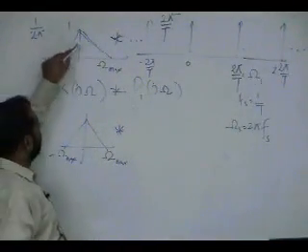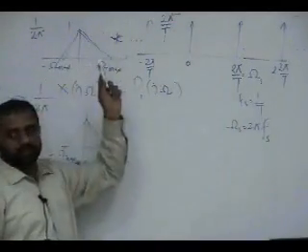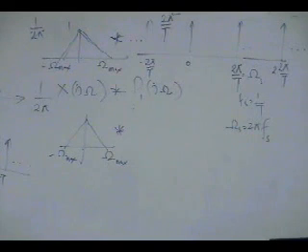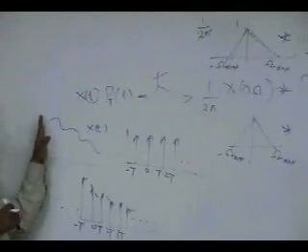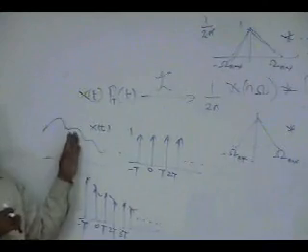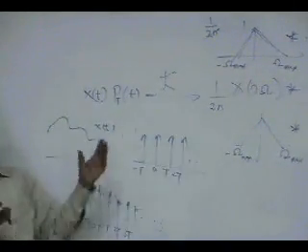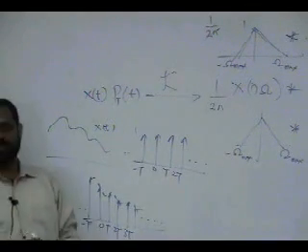Now if you convolve this with an impulse, a function convolved with an impulse, what do you get? If you multiply, the function goes away and you are left with an impulse. If you convolve, the impulse goes away and you are left with the function at the location of the impulse.